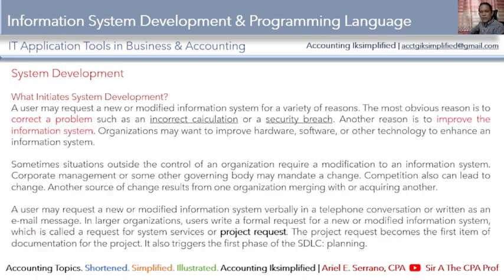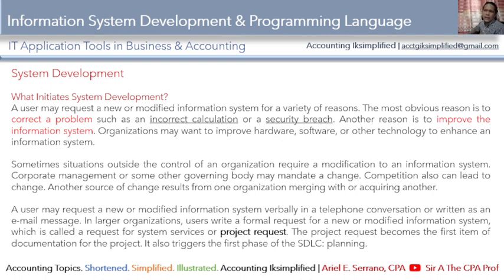Now, let's proceed dito. What initiates system development? Ano ang nagiging nagko-cause para makapag-umpisa tayo ng system development? What initiates system development are the user's requests. And when we are talking of the user's request, ito yung either bago na user request or kaya modification ng existing information system for a variety of reasons. Sabihin na natin meron tayong bagong system, meron tayong existing system na ginagamit.